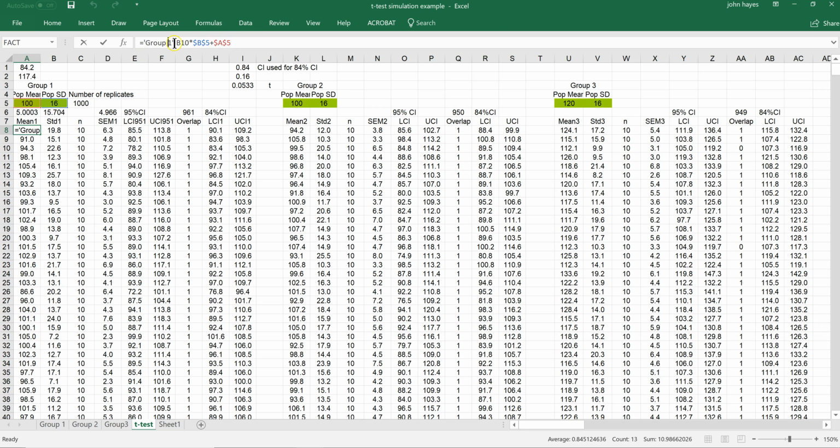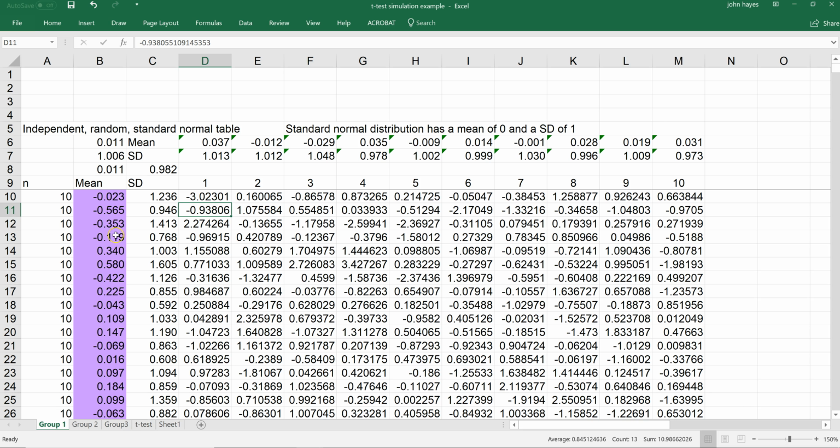And so it's the value from our z-score, which was minus 0.023. Now, this has a mean of 0 and a standard deviation of 1, generally speaking, approximately. You can see it kind of came out that, but it's not exact because it's a sample.